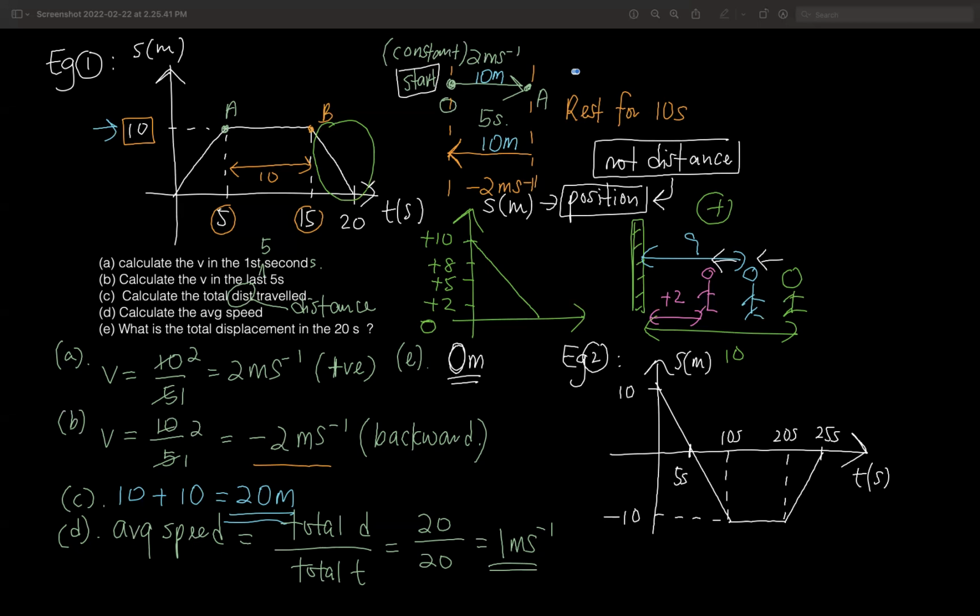Okay, the unit. Sometimes they give hour over here. And if you forgot to convert the unit, then everything, the ABCD all wrong, especially in the test or the exam.